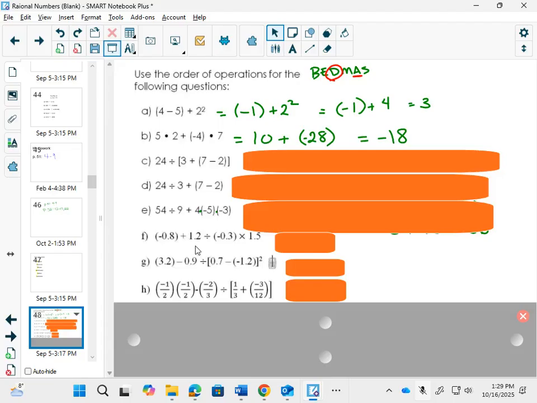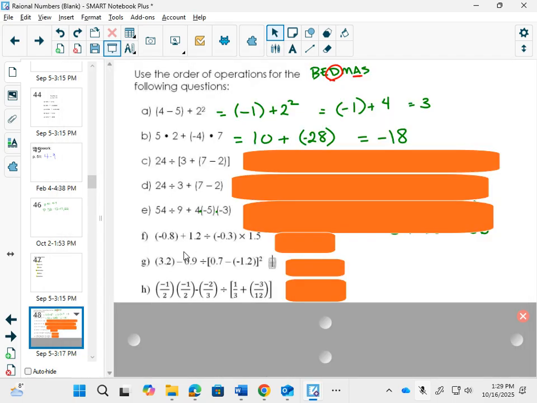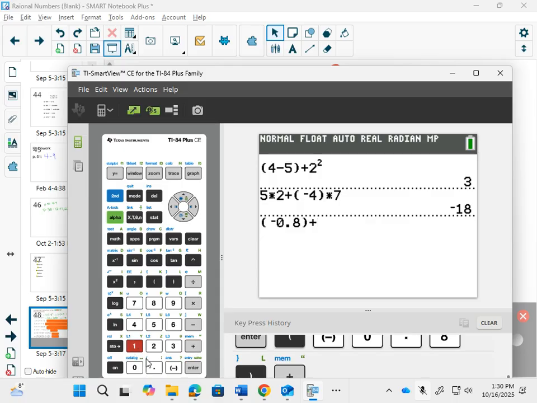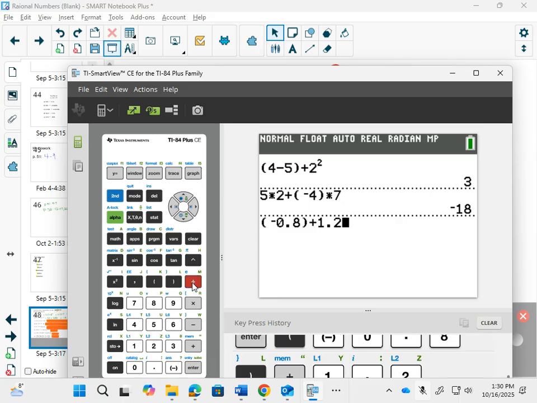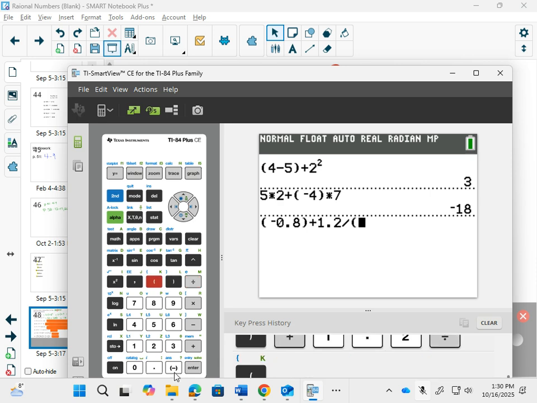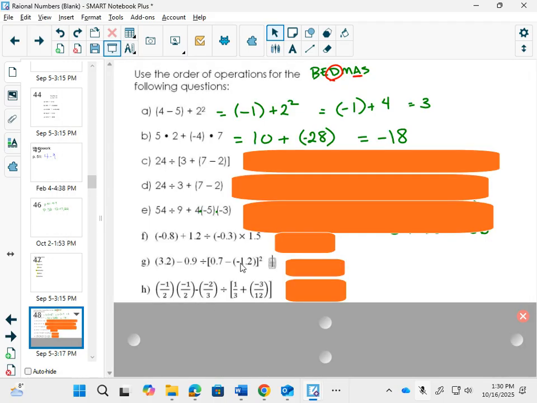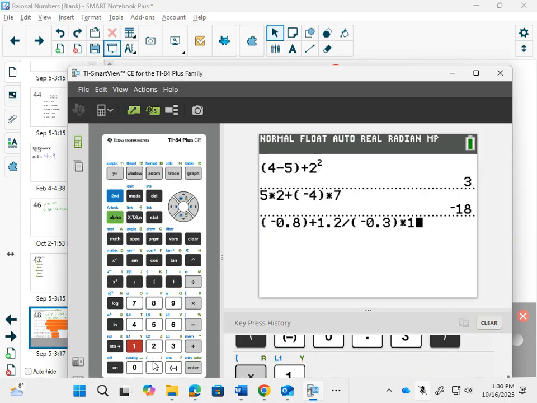Let's math it up. So I go to my calculator. It started with a bracket, and then I had a -0.8, close that bracket. Plus 1.2, divided by, hit the divide by, -0.3 in brackets, times 1.5.